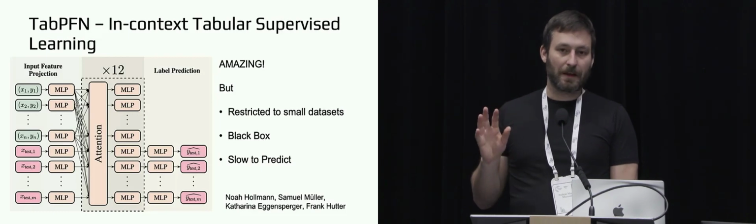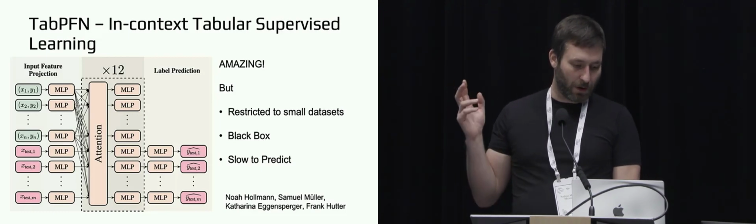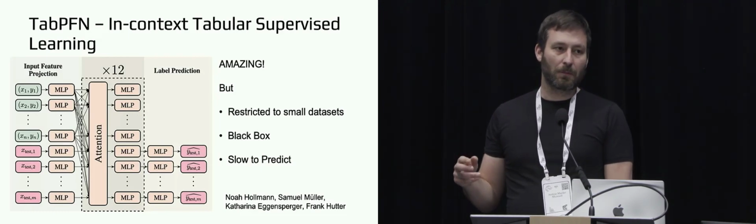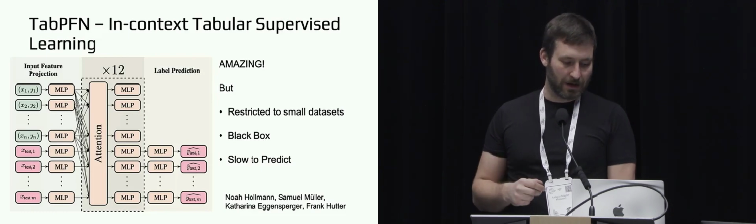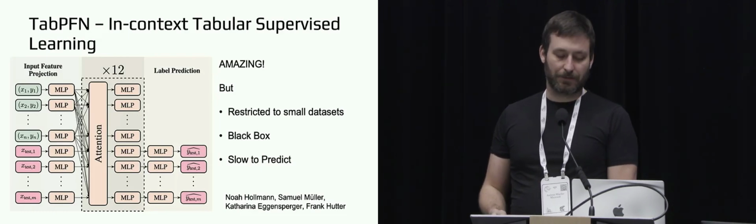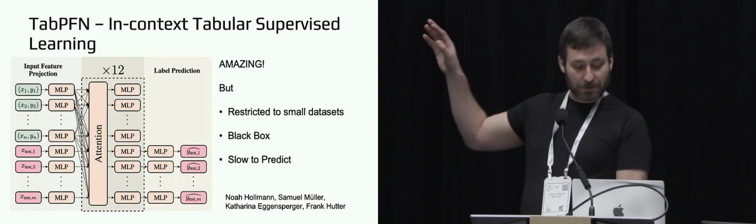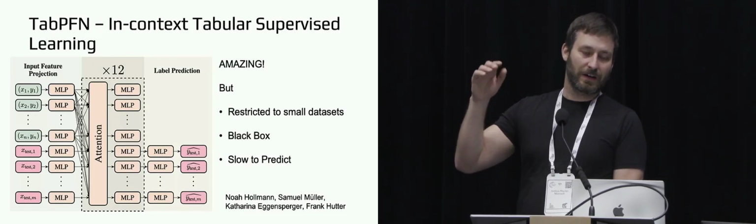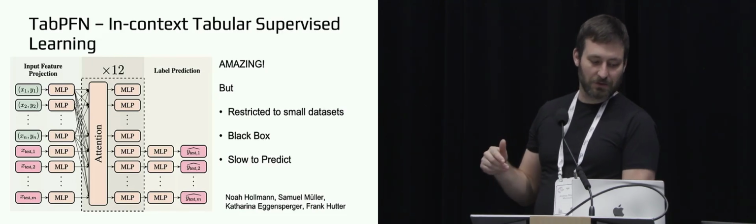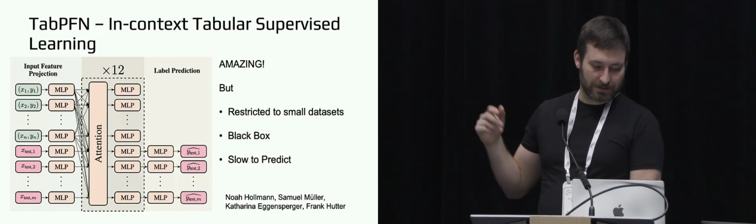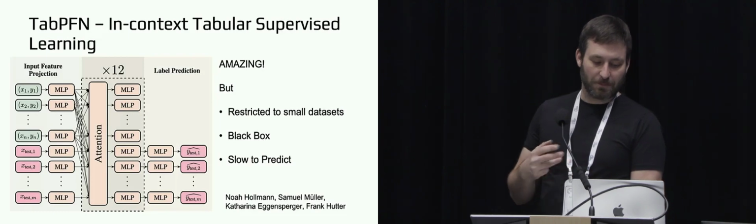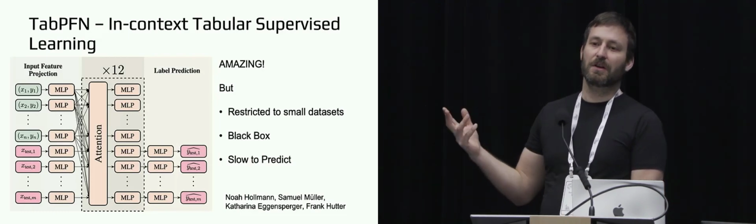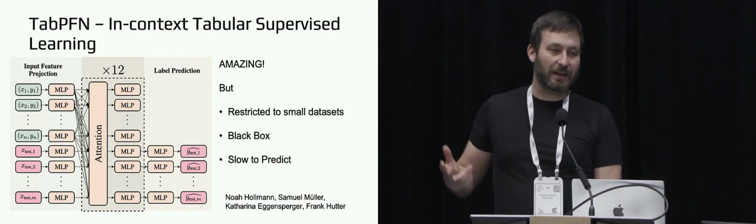In TabPFN, the authors train a transformer model on synthetic tabular data to do in-context classification. The transformer is fed XY pairs of training features and labels together with the test samples X test, and the output is Y test, so the predictions on the test set.